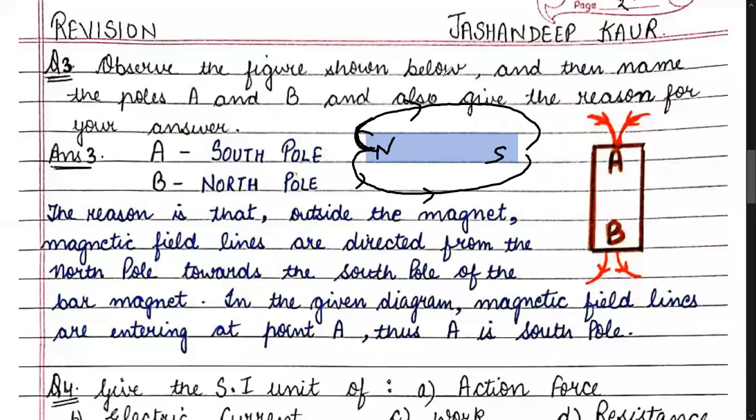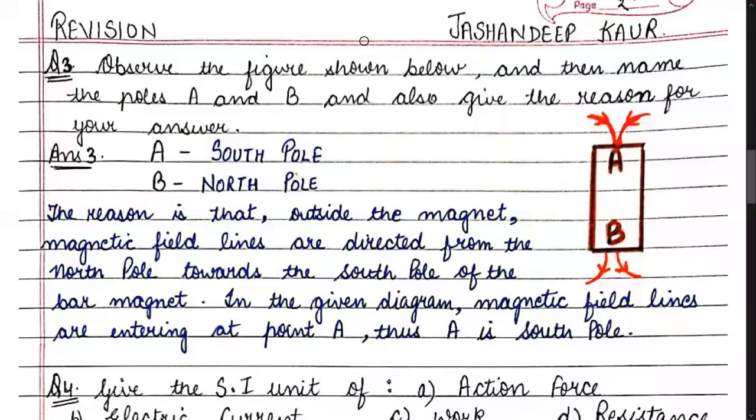So they are coming out of north and entering in south. So see, from B the magnetic field lines are coming outward, so B should be north pole. And at point A, all the magnetic field lines are coming inward. So A is your south pole.